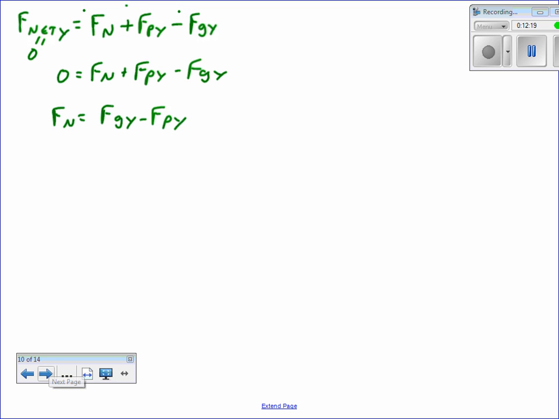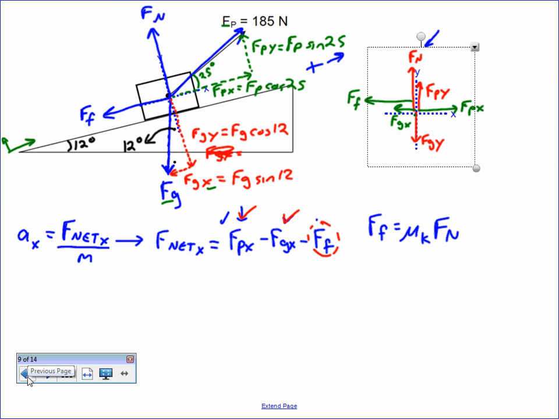Now conceptually, pause the video right now if you can't figure out the algebra, look it through, make sure you can do that. But conceptually, if we look at the diagram here, if the y component net force is 0, this one here, Fn and Fpy, should add up to Fgy. So Fgy is going to be equal to Fn plus Fpy.